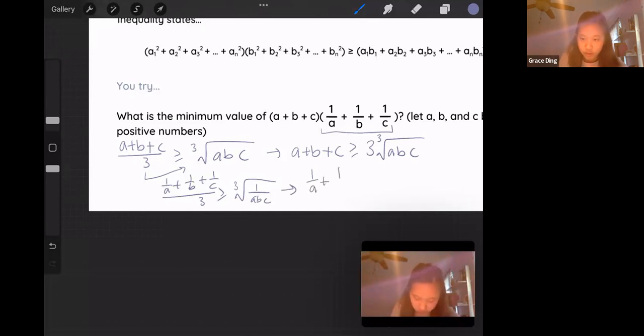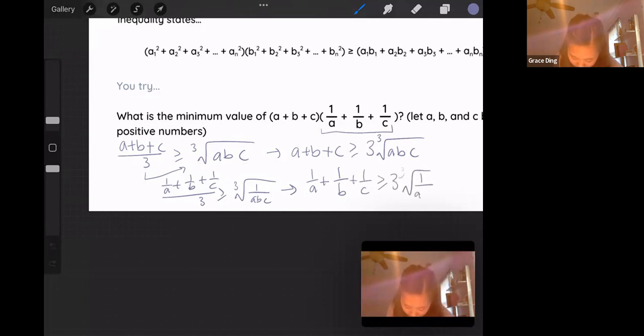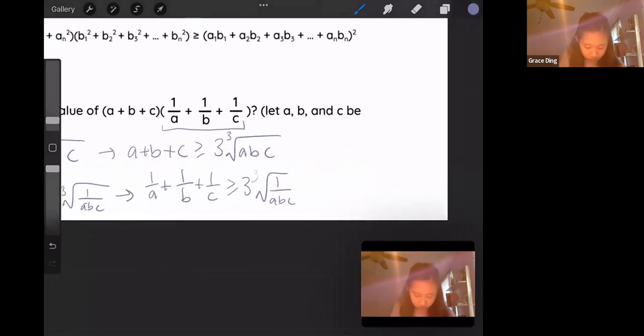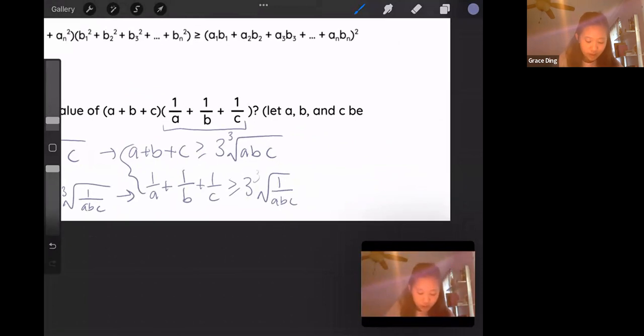One over A plus one over B plus one over C is always more than or equal to 3 times this. So now when we use these two equations and multiply them, this original expression is always more than or equal to these two multiplied.